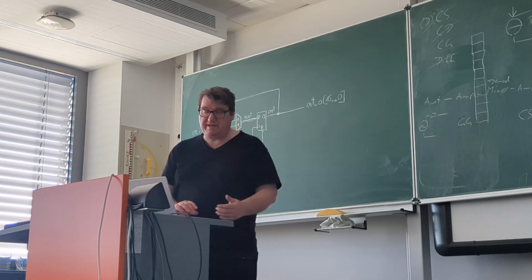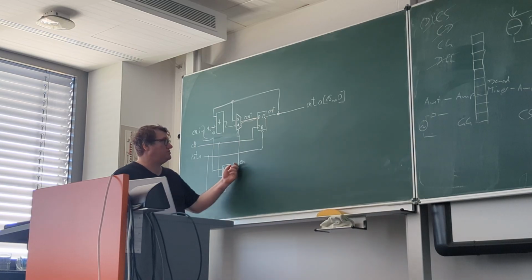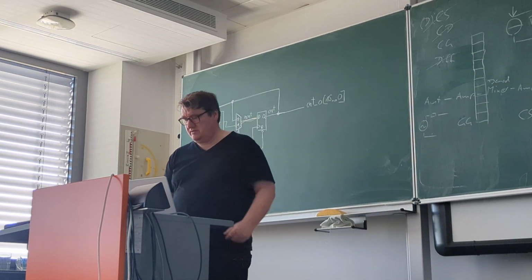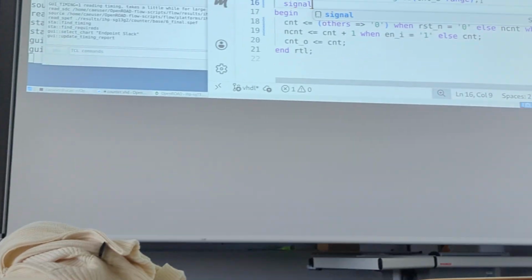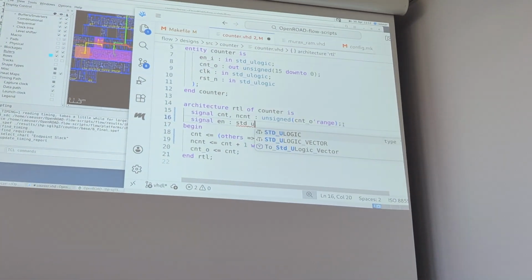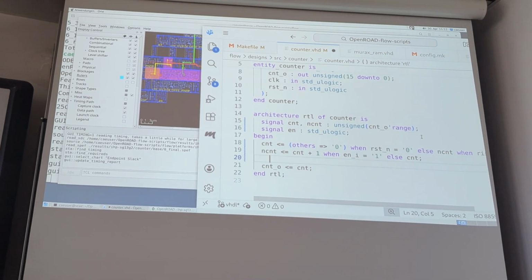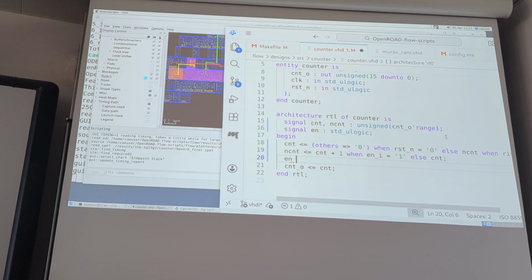So what I'll do is I'll introduce this additional net here. I do that with this. This introduces the internal enable net. And the enable net is something that is driven by a flip-flop.